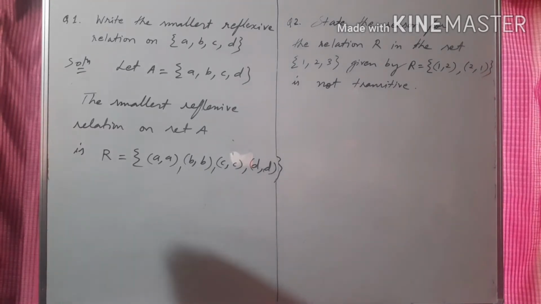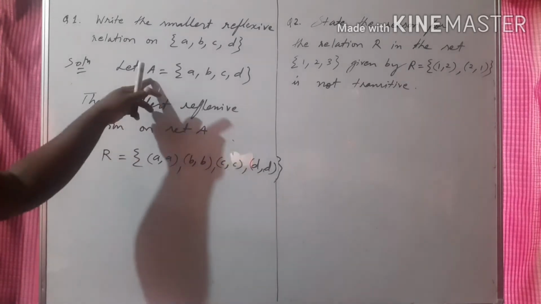Okay, so in this way we can write the smallest reflexive relation on the given set.